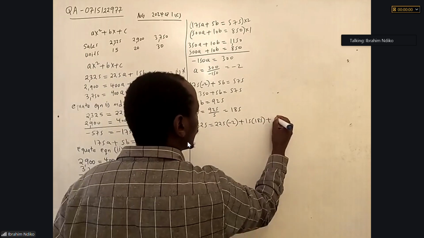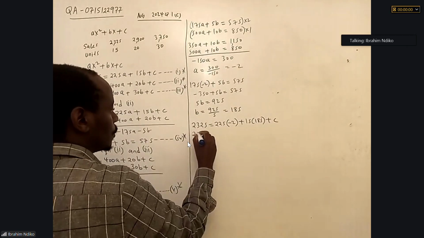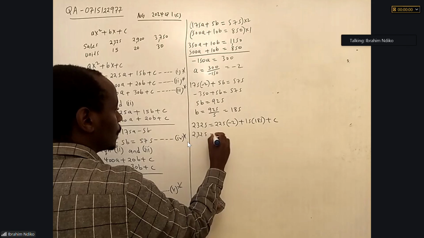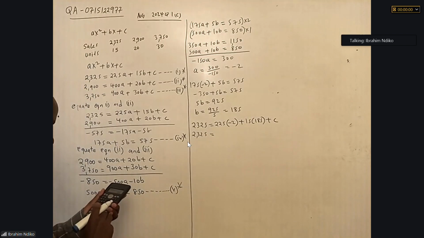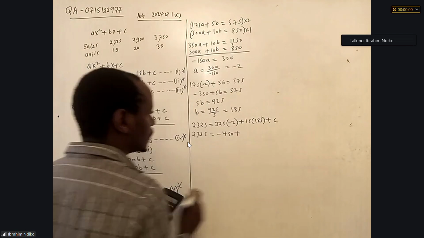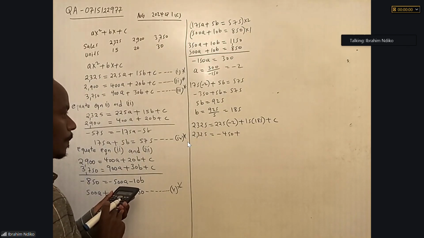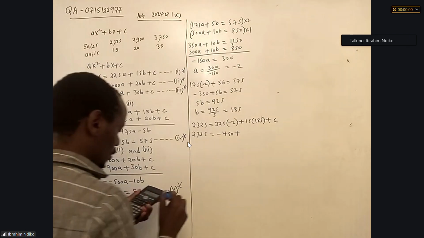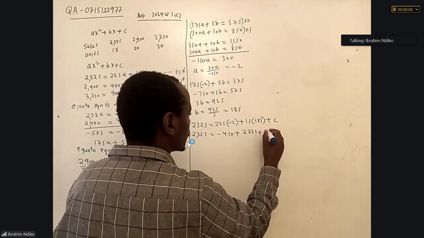So 2325 equals 225 times minus 2, that is minus 450, plus 15 times 185, which is 2775, plus c.